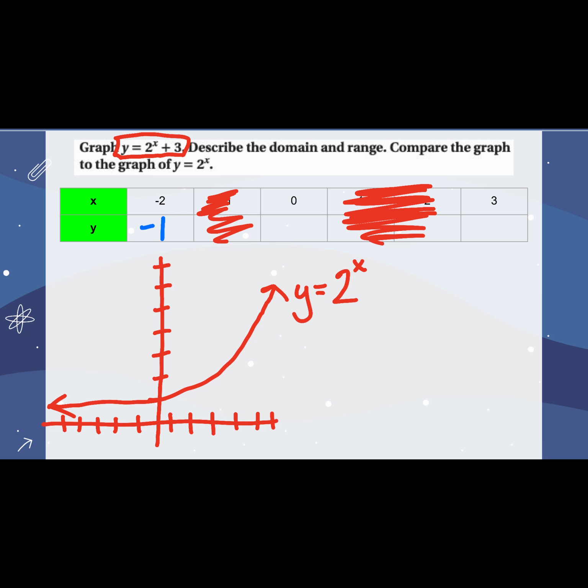It's the other way, for 2^x plus 3. Oh wait, I wrote it wrong. Is it -1? Is that what you got? I just did this this morning. Did I do it wrong? It would be -4 plus 3. Nope, I wrote it.